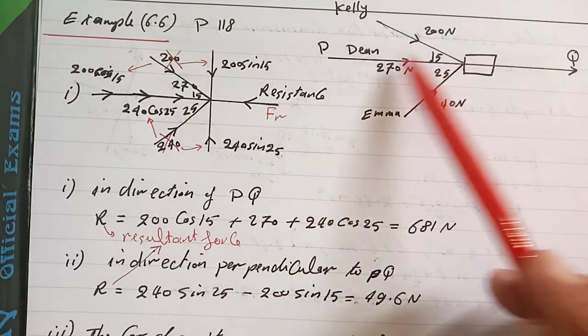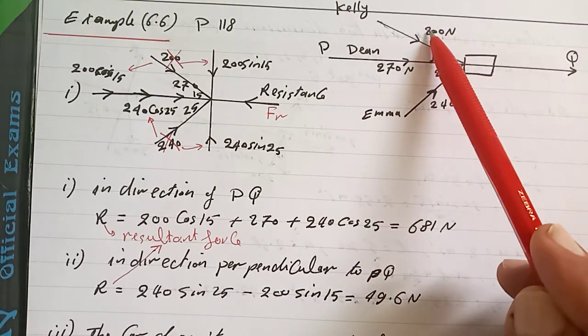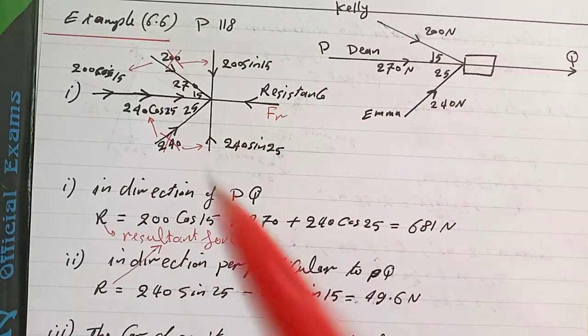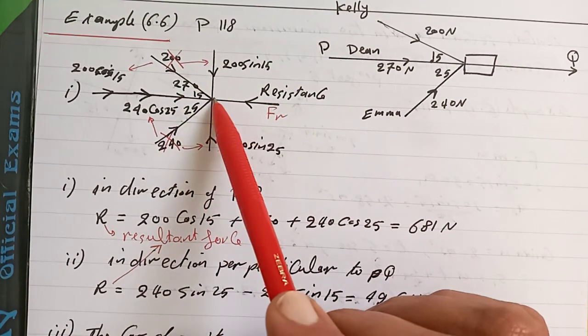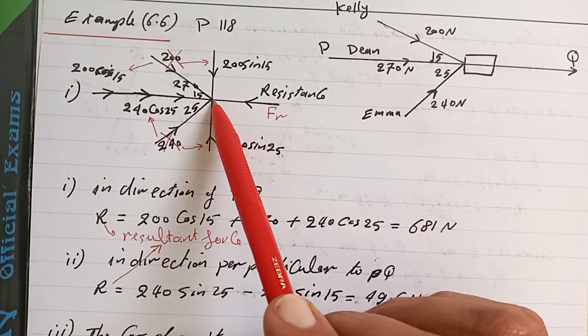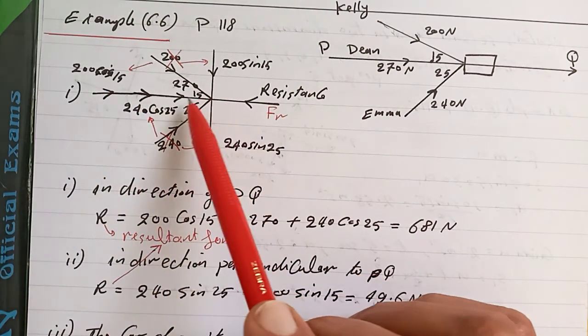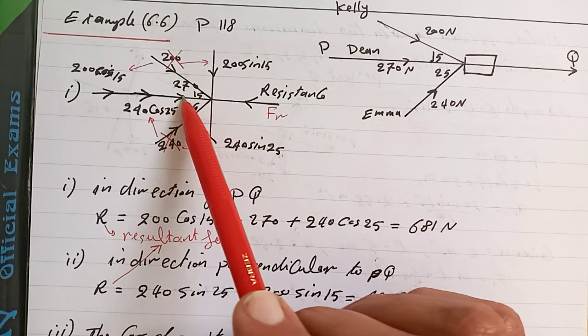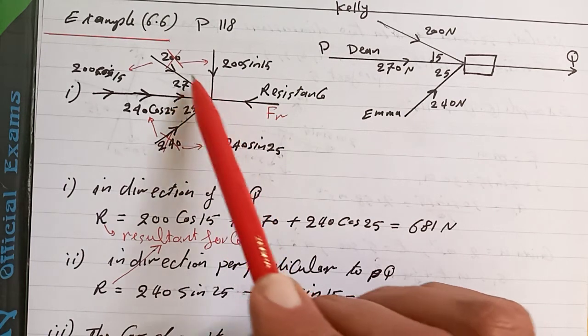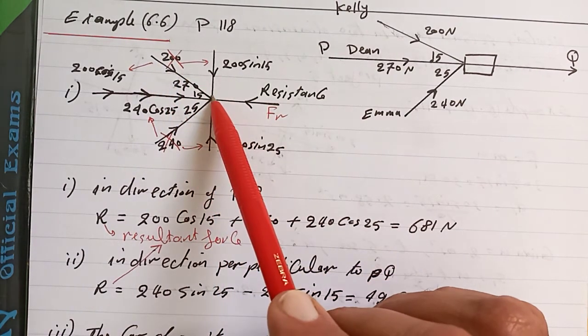In this direction. So let's resolve these 2 forces. This is the force diagram. This is the car. We have the force of Dean, which is 270, this one, and the 200 Kelly.